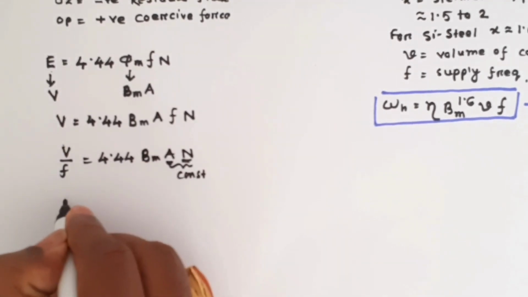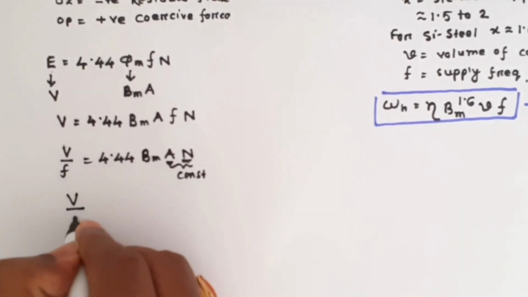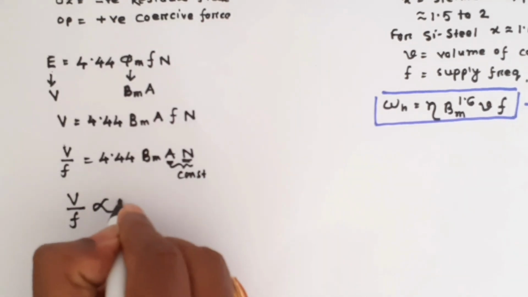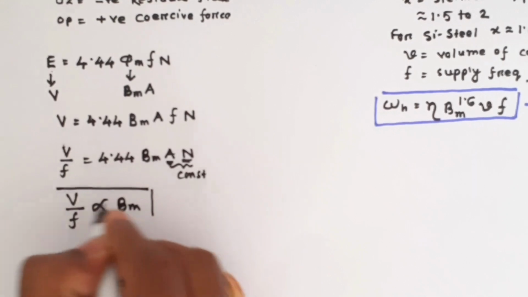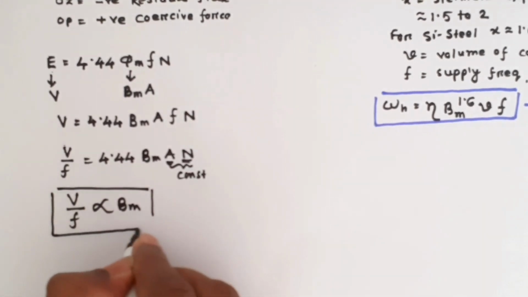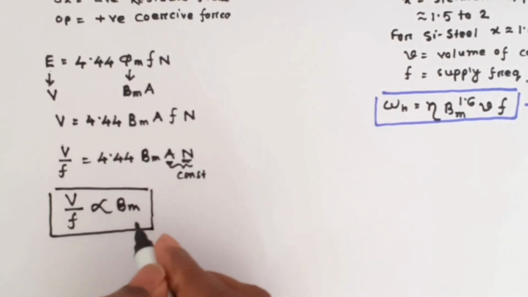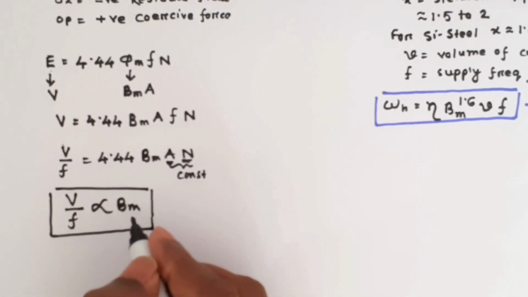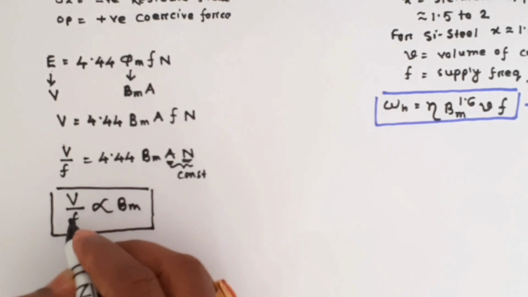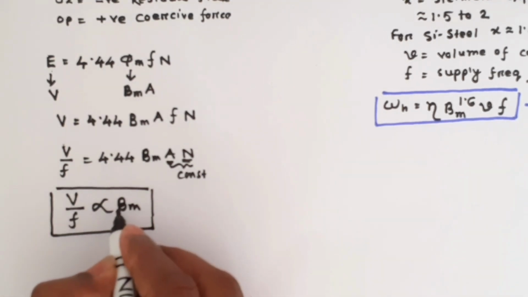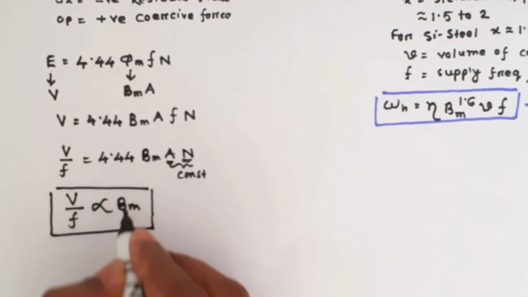Therefore, I can say V by F is proportional to B_m. Always remember this relation. It is not only applicable for transformer, it is also applicable for induction machine, and for alternator also. Supply voltage by frequency is proportional to maximum flux density.